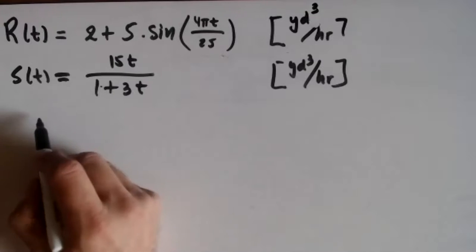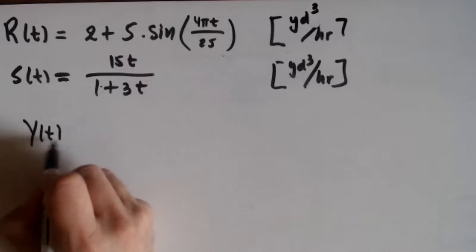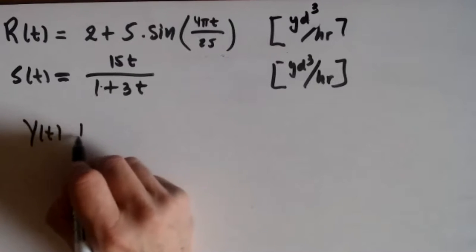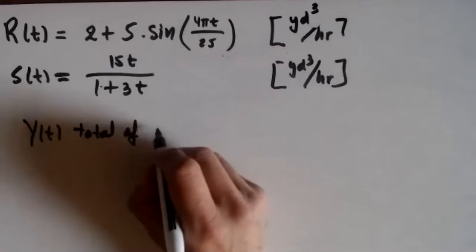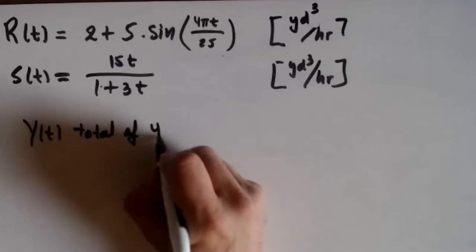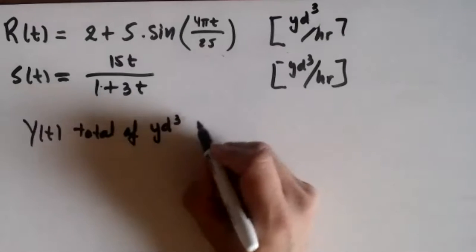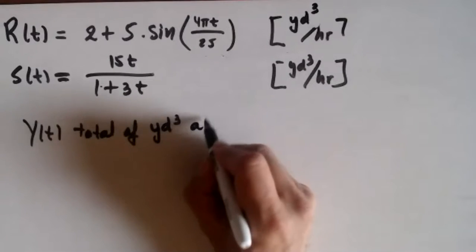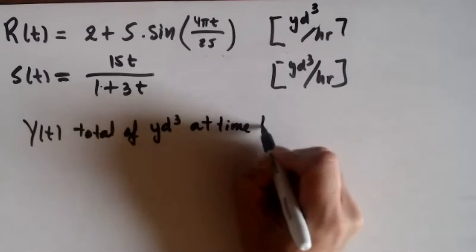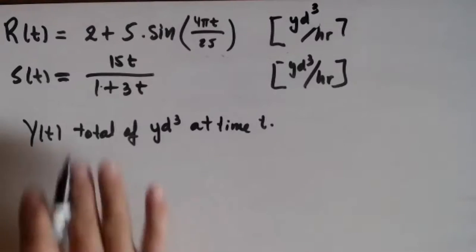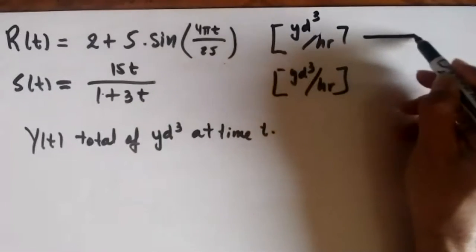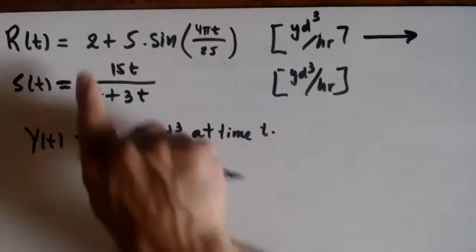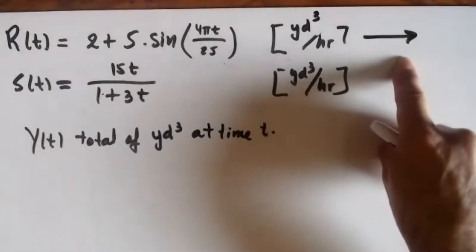So, y of t is the total cubic yards at time t, correct? Now you visualize this one. This is the tide, so this removes sand. This function tells you how much sand is removed.